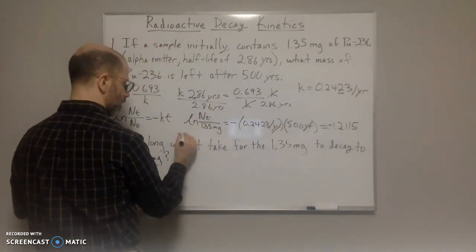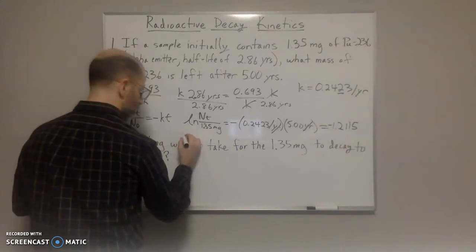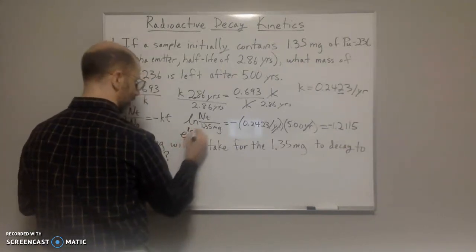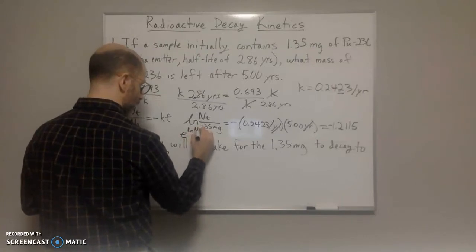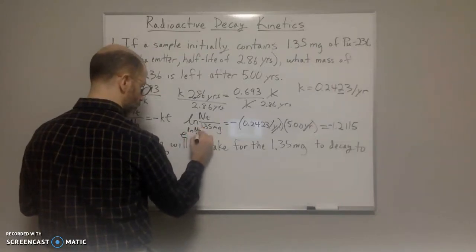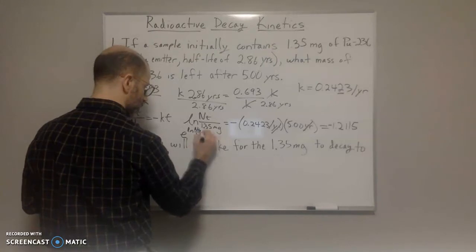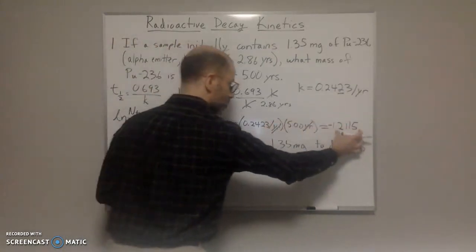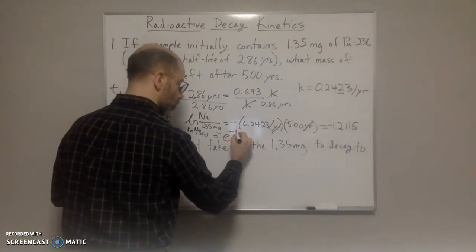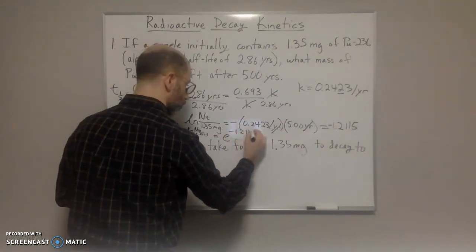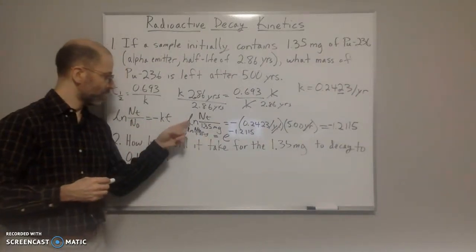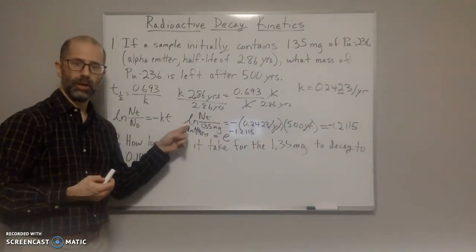So e to the ln of n_t over 1.35 milligrams is going to be equal to e to the negative 1.2115. The reason I do that is because I need to get rid of the natural log.